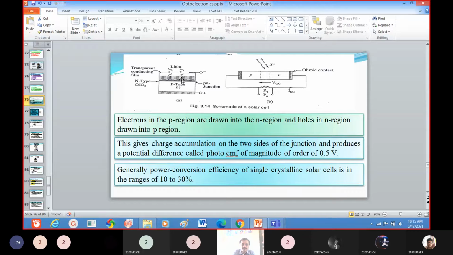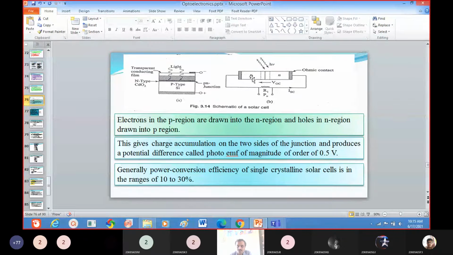Whenever light is incident, the conducting film allows the light through, and it falls on both the P-type and N-type materials.